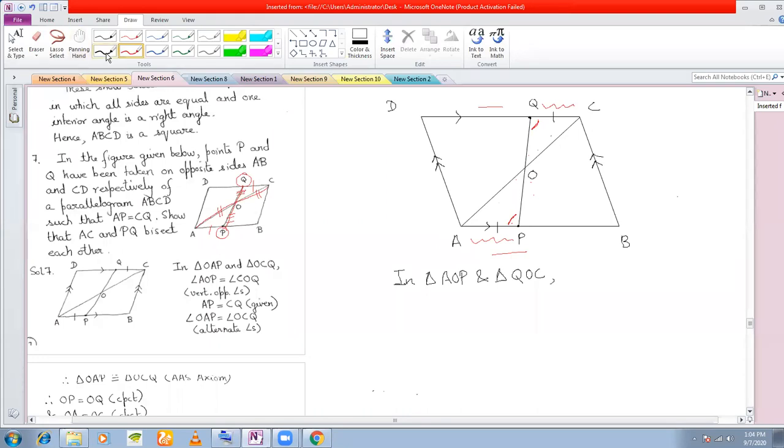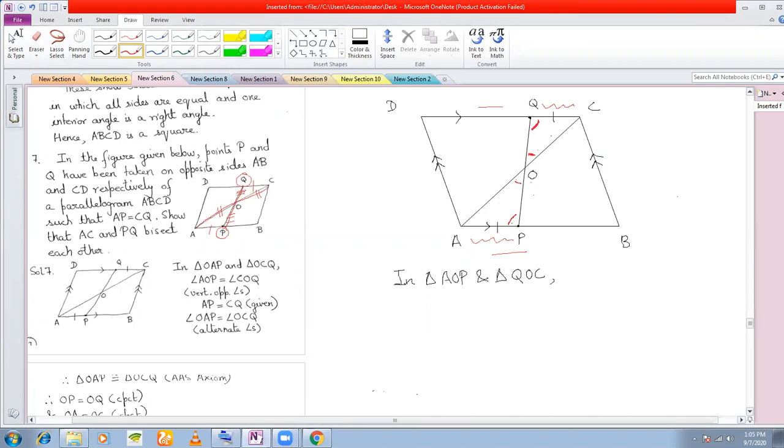So what should be the axiom by which I am proving here? Angle side, yes, exactly, angle side. Who said angle side? Sneha Kumari. Okay.